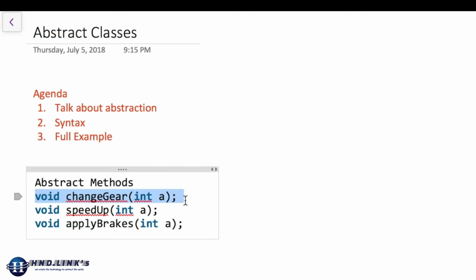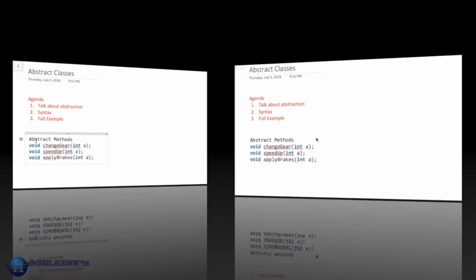If they have no abstract methods, then they should just be a normal class. There's no point in making it an abstract class. And if they have all abstract methods, then they most likely should be an interface. But yes, abstract classes can have abstract methods. That's basically what abstract classes are.